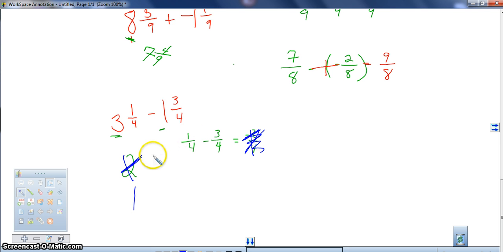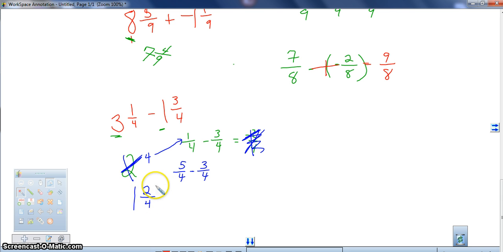And I'm going to borrow 4 from it. So instead of saying 1 over 4, I'm going to make this 5 over 4 minus 3 over 4. Now 5 minus 3 is 2 over 4, and it's positive, so that works.